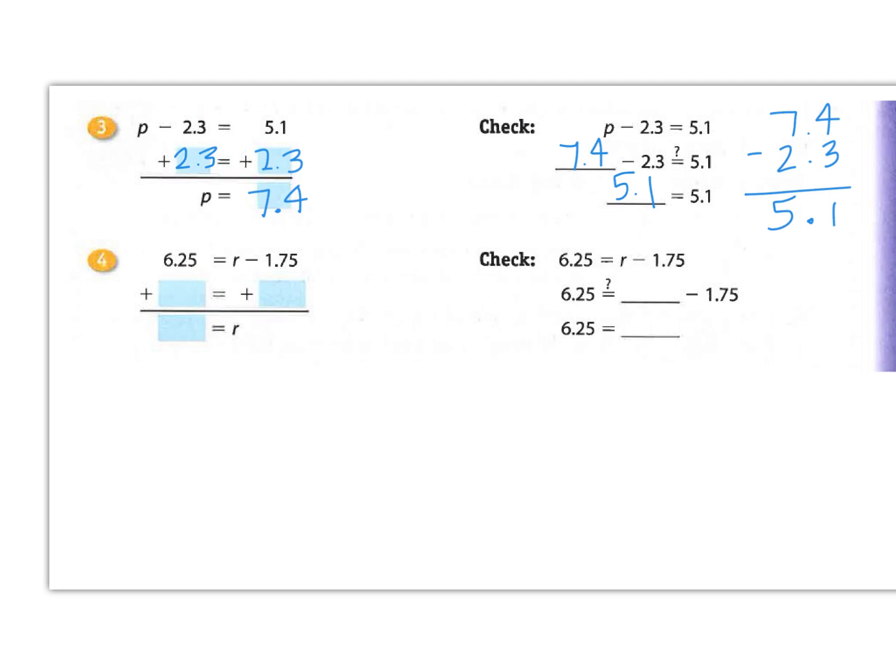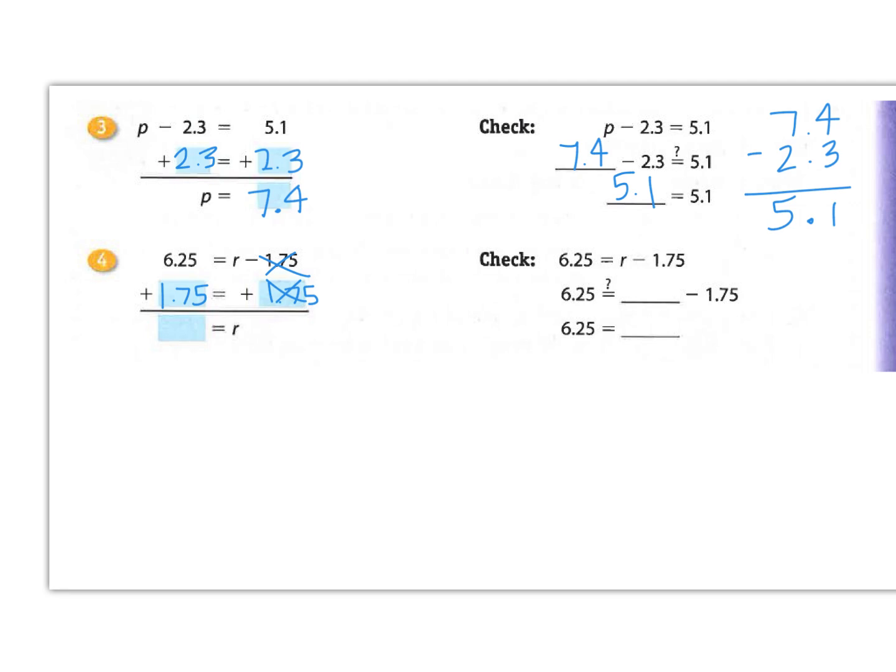Okay, number 4. We have 6.25 equals r minus 1.75. So we do the opposite of minus, we plus. So we have to add 1.75 on this side, and if we add it on this side, we do it on this side as well. So now when we add that, this equals 0, because we have negative 1.75 plus 1.75, 0.